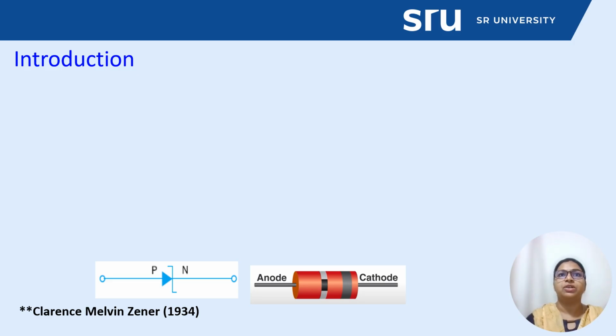But in case of Zener diode, we can get a lot of reverse direction current, only when the voltage exceeds a certain value known as Zener breakdown voltage. That is the most important part of Zener diodes.